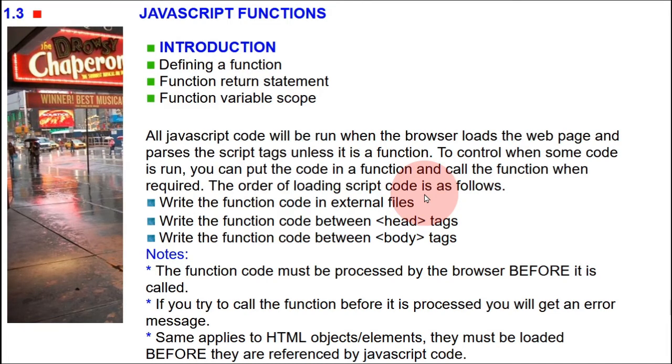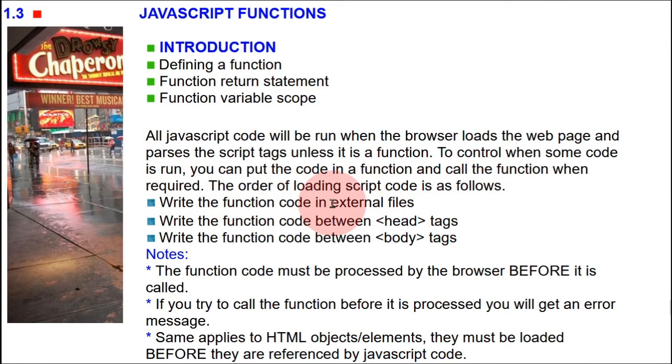The only way to stop that is to put the code that you want to run in a function, and then that code will be just loaded into memory, but it won't be run by the browser. And when you actually call the function later on, then that code will be run by the browser. To control when some code is run, you can put the code in a function and call the function when it's required.